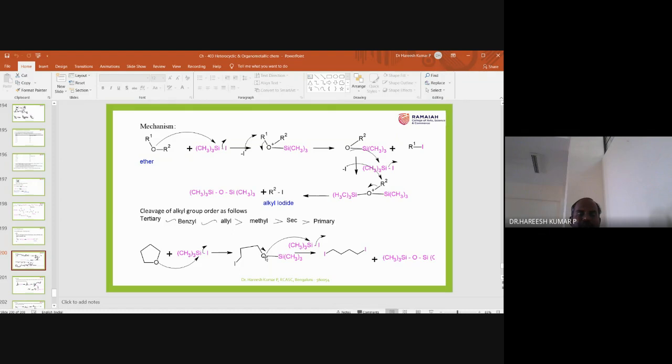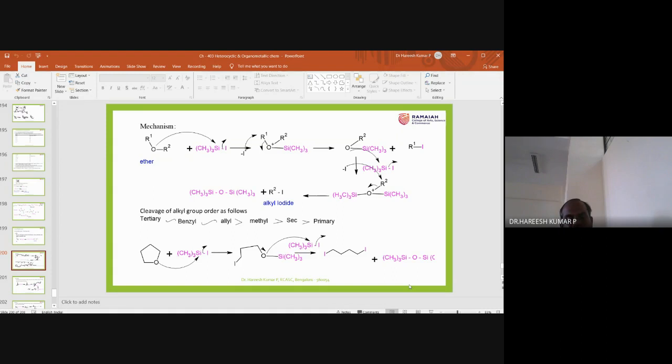Again, the lone pair can attack one more equivalent of trimethylsilyl iodide, forming a diiodoalkane, and this is one byproduct. So this is about the ether cleavage. With this, I will go to the next slide.